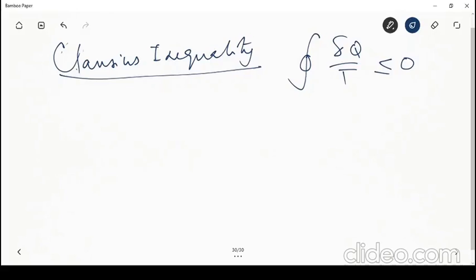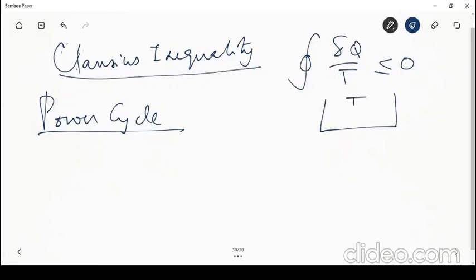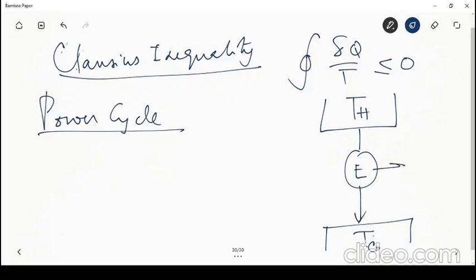So to apply it to any general power cycle, what is a power cycle? A power cycle is one where there is a high temperature reservoir and a low temperature reservoir, and there is an engine which operates between the two and produces power output.